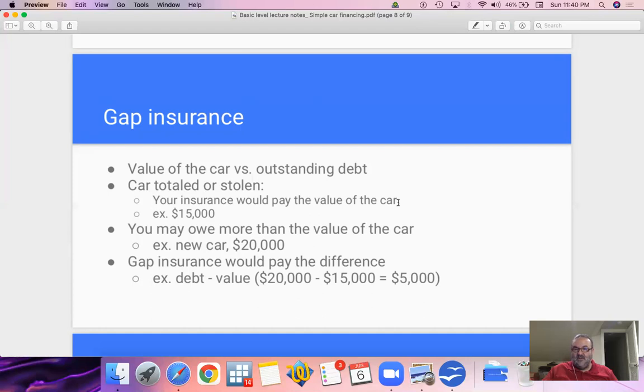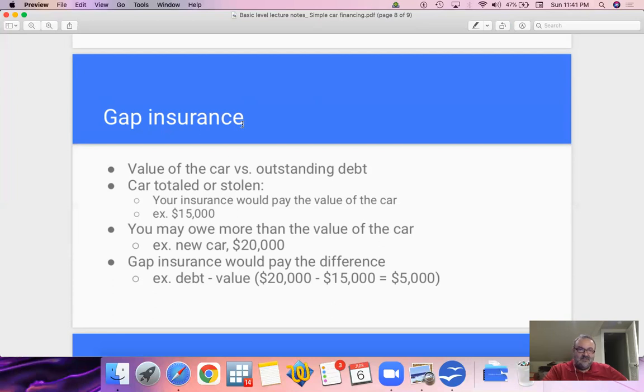And then you have $20,000 or $19,000, because remember, all you have been paying is the interest for the first couple of years, right? So you will have significantly more than the value of the car as outstanding loan debt. Insurance pays you $15,000, and then you actually owe the lender $20,000 or $19,000, and you can see there's a gap, right? So you can actually get gap insurance.